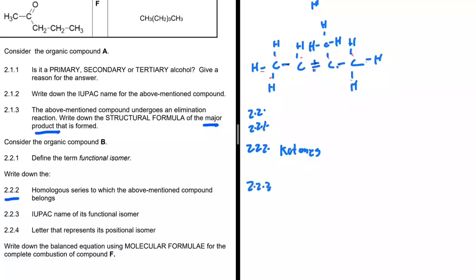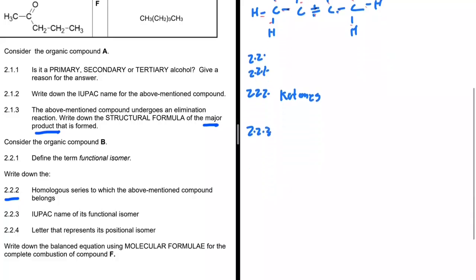2.2.3. IUPAC name of its functional isomer. So the functional isomer of ketones is aldehydes. An aldehyde looks very similar to a ketone, but the only difference is that the double bond oxygen is at the end.